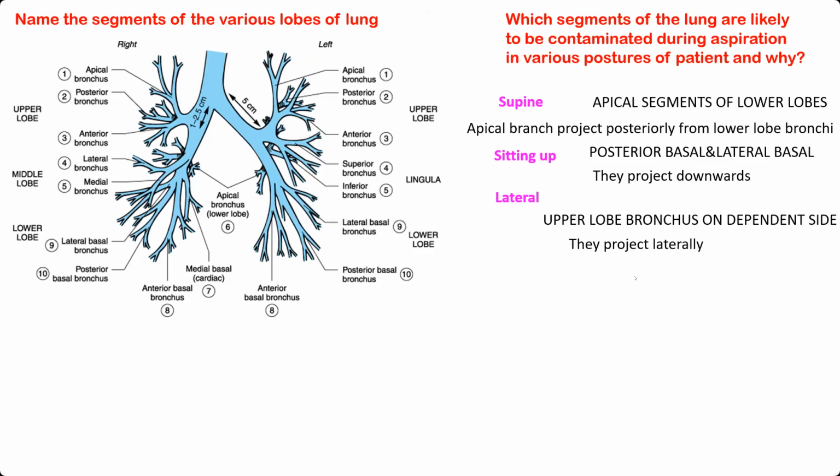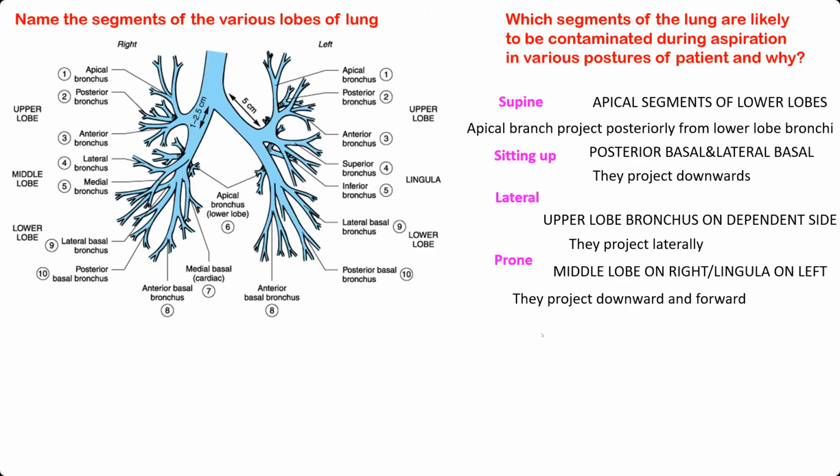So the upper lobe projects laterally, and in prone position, the middle lobe on the right and the lingula on the left. So in supine and sitting positions, it will mostly be basal, that is the lower lobe. Lateral, it will be the upper lobe, and prone, it will be the middle lobe. Just remember it like that, even if you don't remember the segments.